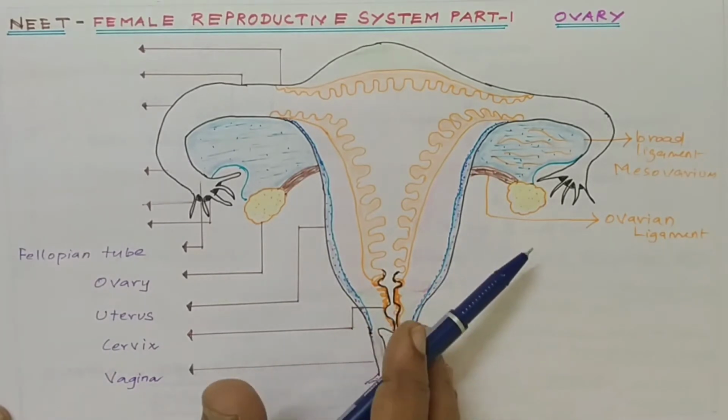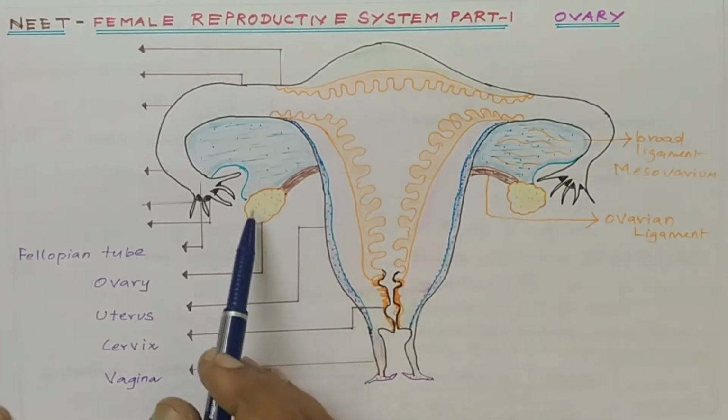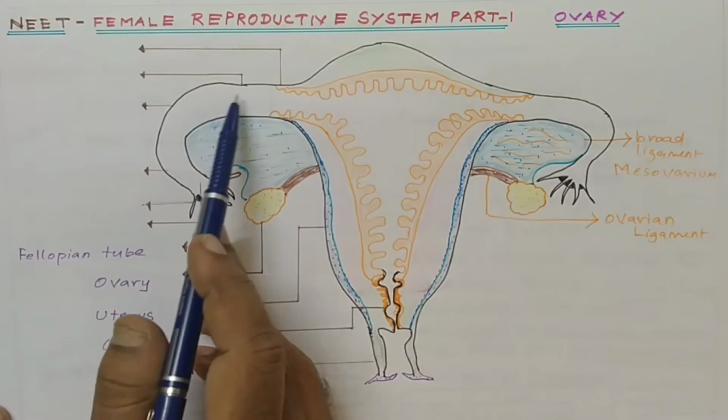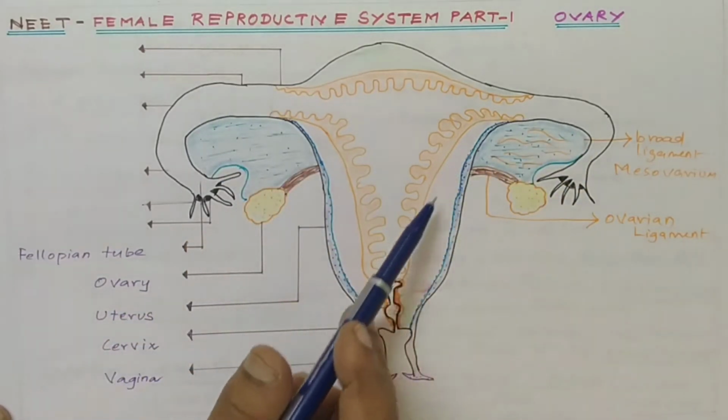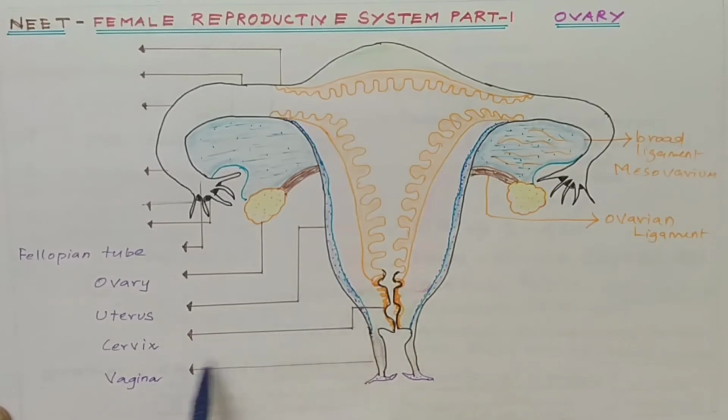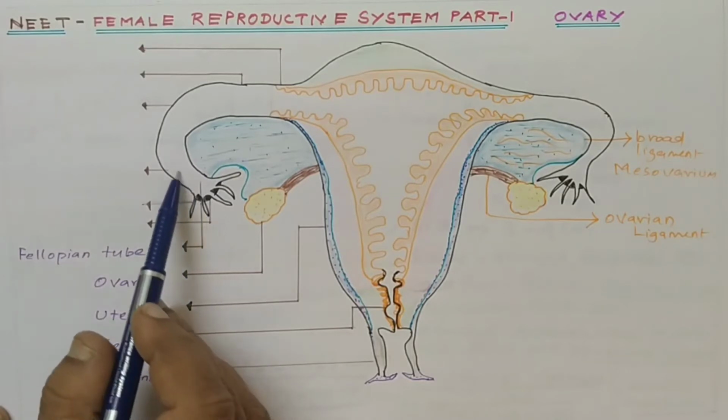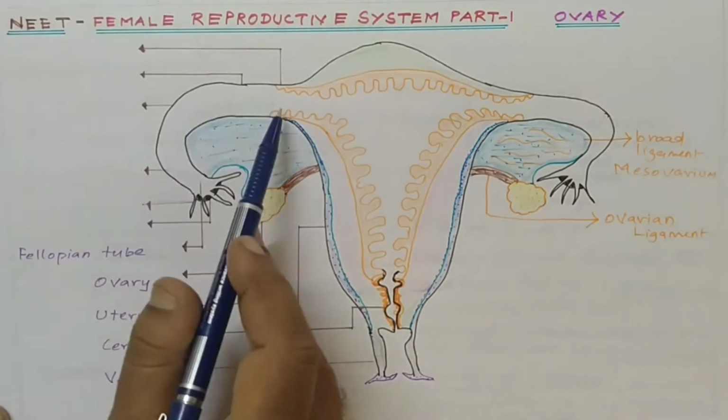The female reproductive system consists of a pair of ovaries, a pair of oviducts, and a single uterus. The lower part of the uterus is termed the cervix and vagina. In addition, there are external genitalia and mammary glands. Now we are going to discuss the fallopian tube part.